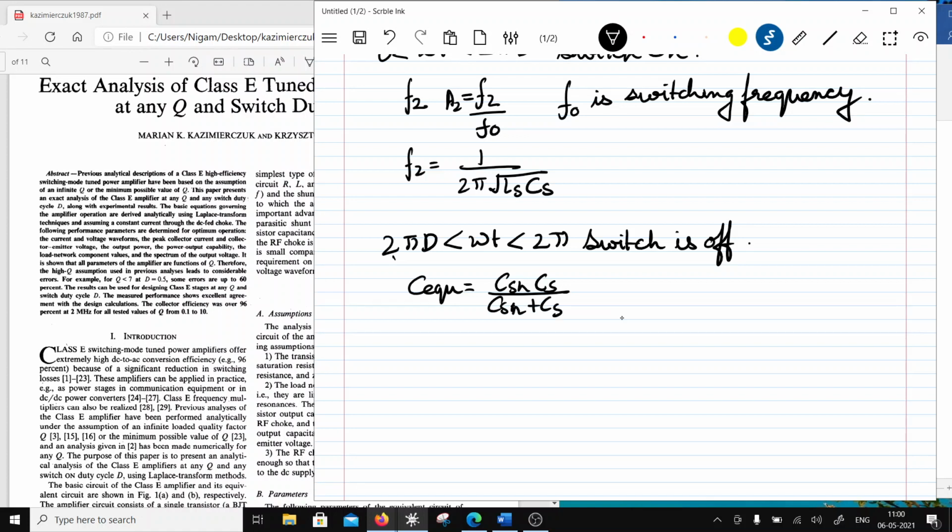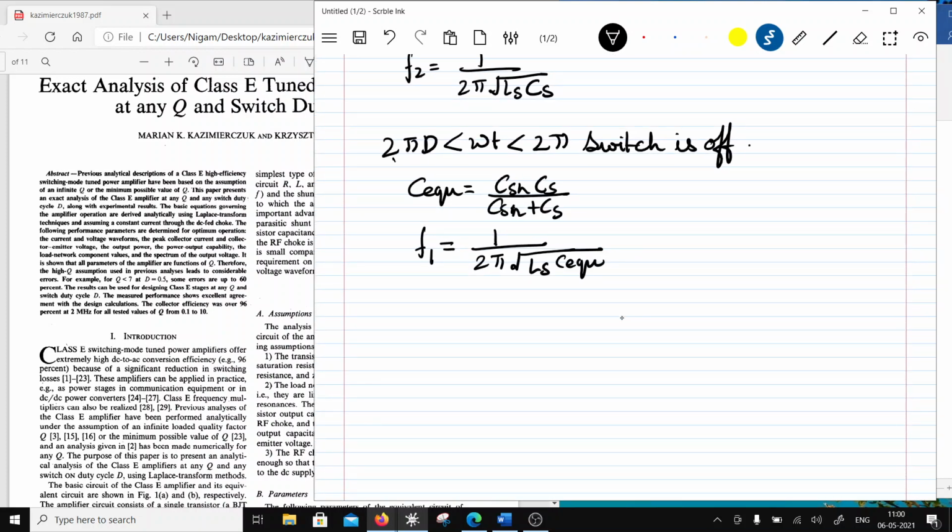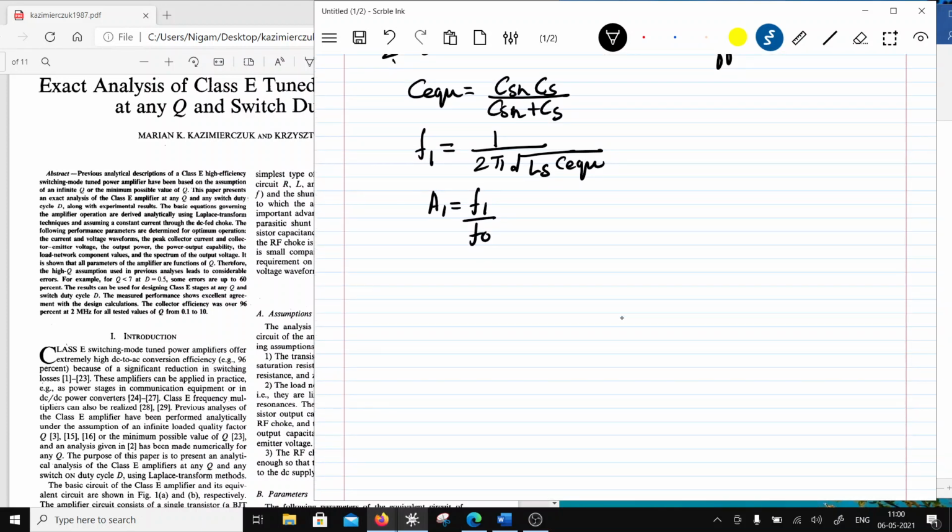Then you have a much lower frequency, equal to 1 over 2 pi root of LS times C equivalent. A1 is the normalized frequency F1 by F0. So F2 is higher, then you have F0, and then you have F1.